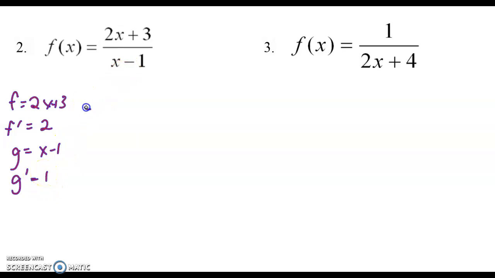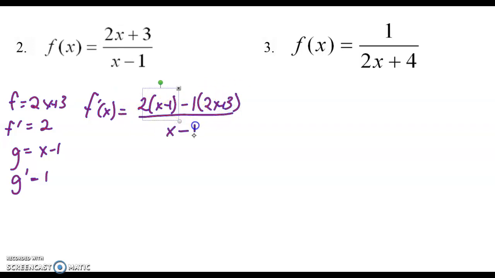So then, simply, if we are finding f prime of x, it is the derivative of f times g, subtract the derivative of g times f, all over g squared. And when we multiply that out and simplify it, we get minus 5 over x minus 1 squared.